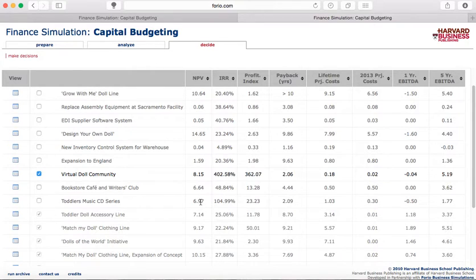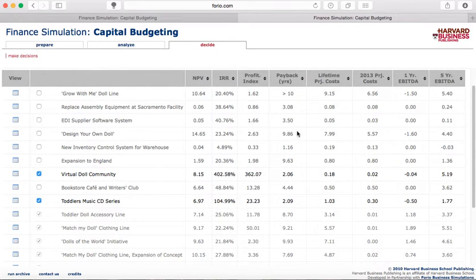The music CD series, you can see, also has low cost, low payback years, and NPV, and these numbers are still quite high. Design Your Own Doll and EDI Supplier Software System, as well as the equipment facility, do have high internal rates of return.